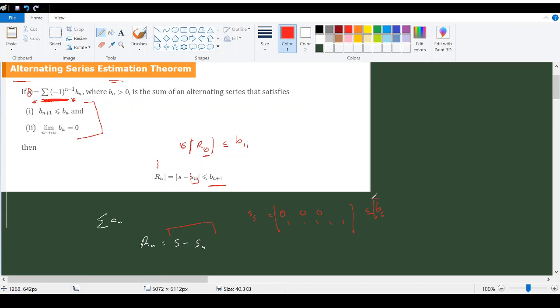Here you are not considering the plus or minus nature, you just write down the B value only. But when you are computing Sn, you have to consider the complete general term, A1 up to An.